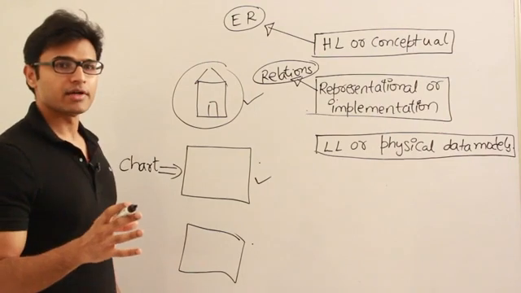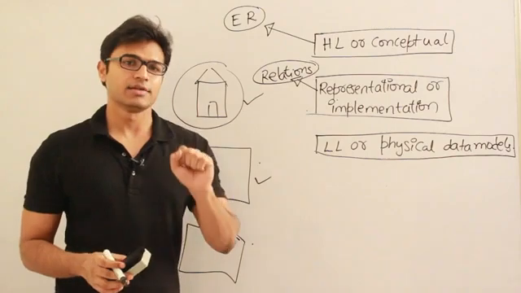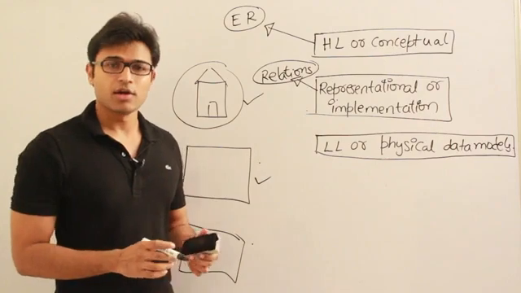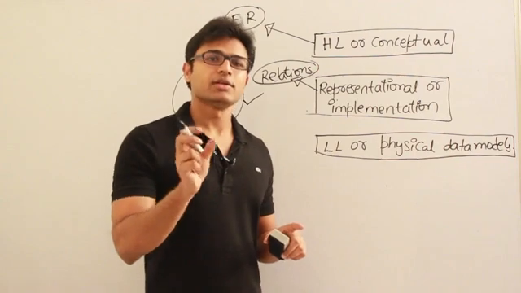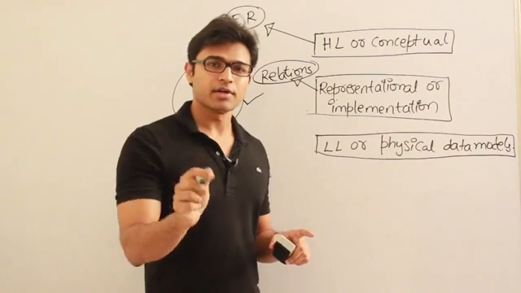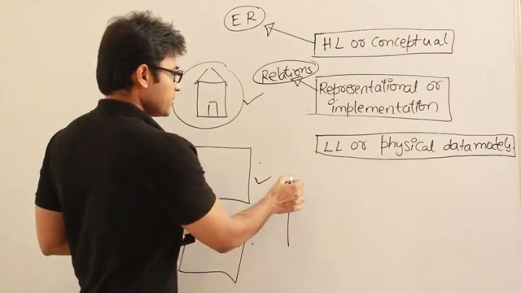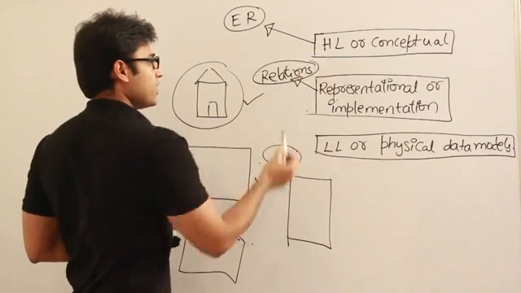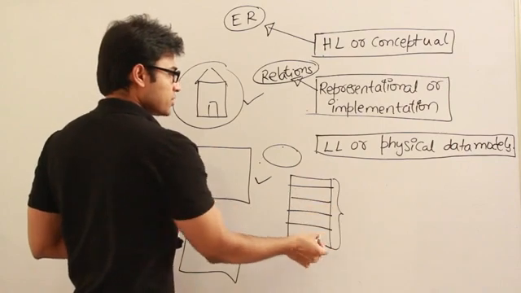And when we implement it, we have to talk about how we are going to take the table and store it on the hard disk or the memory device. At that point we have to deal with the structure of the record, how you are going to store it, especially what the data type is, what the structure is, how you are going to place it, and when you want to retrieve it, how many bytes you should go in. For example, in a high level language an entity is represented like this, and a table is shown as a set of rows and columns.